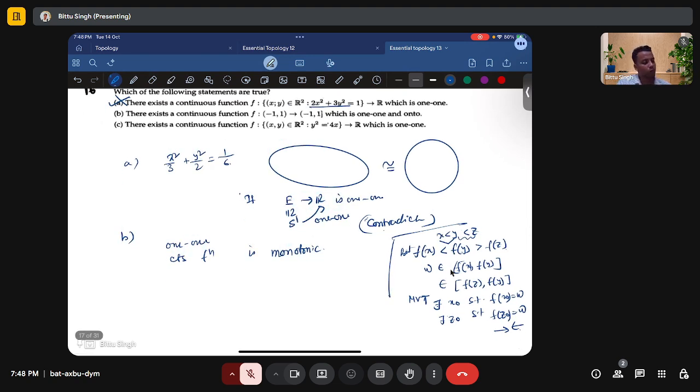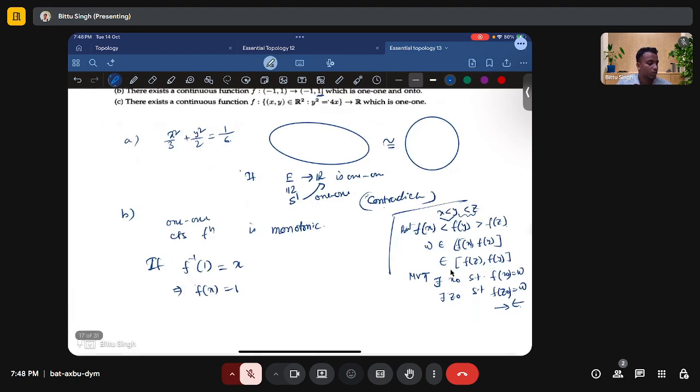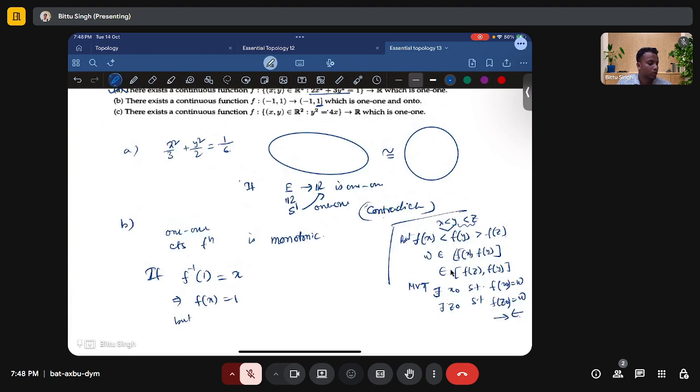Now, what will be the problem? We'll prove that there does not exist such a function. If f inverse of 1 is x, then f(x) = 1, which is from (-1, 1).